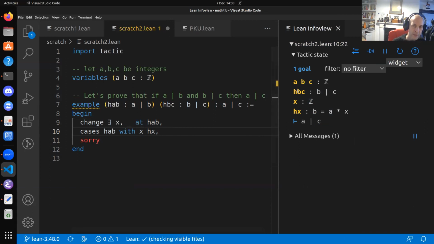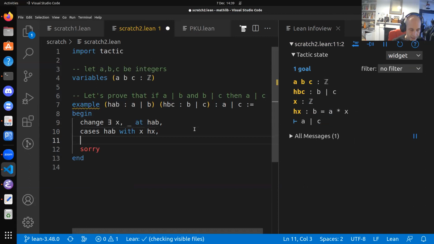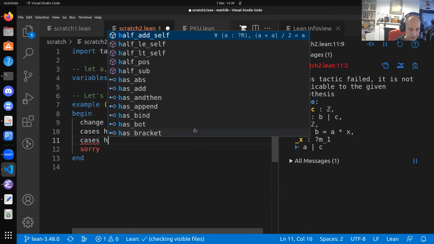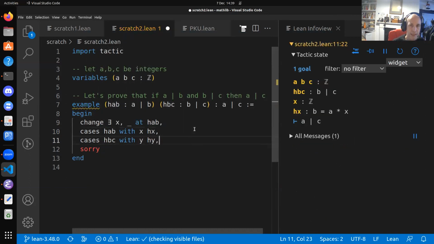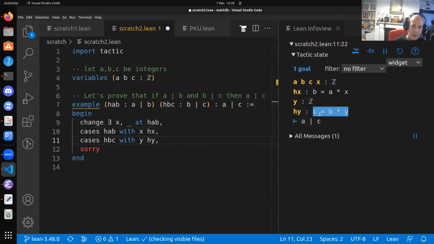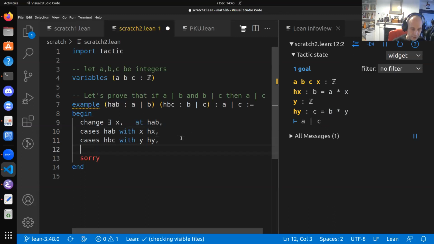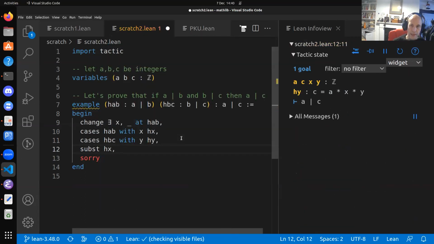We can do the same thing with HBC, which says that b divides c: cases HBC with y hy. Now HBC is gone, but we have an integer y, and we know that c is b times y. And hx says that b is a times x, so we can substitute. Now we know that c is a times x times y.